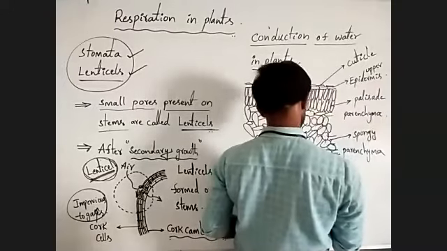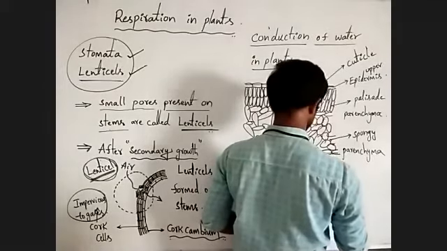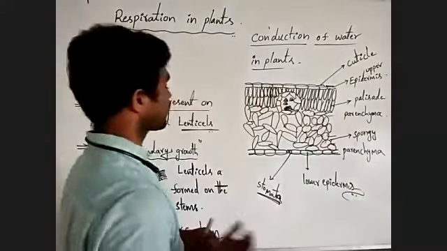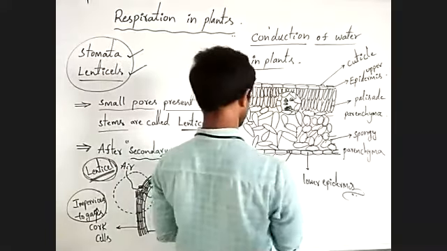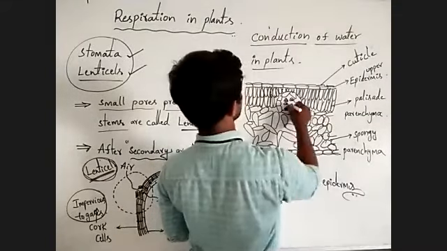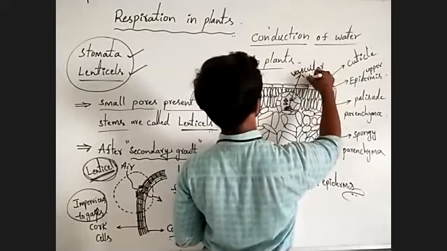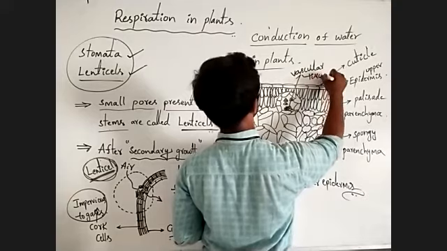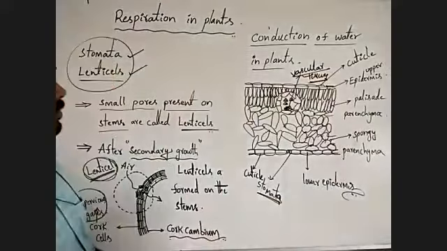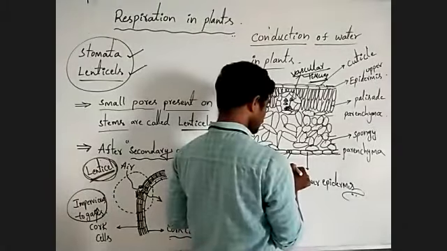Here this is the lower epidermis. Here also cuticle. This is the vascular tissue, xylem and phloem.